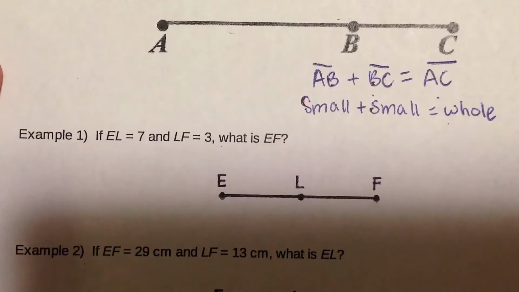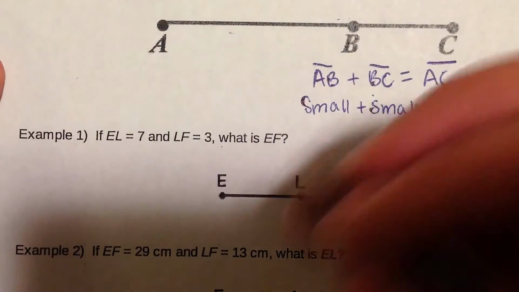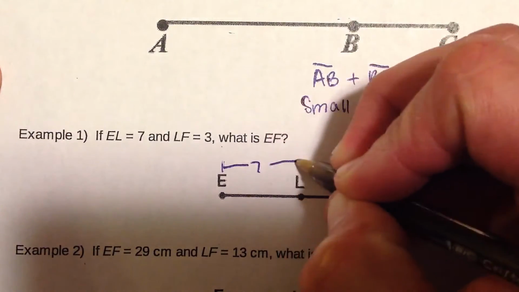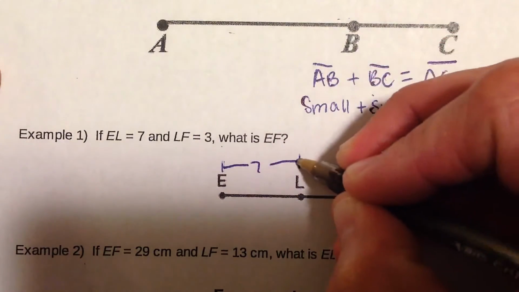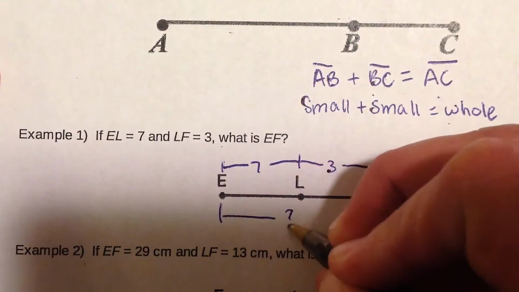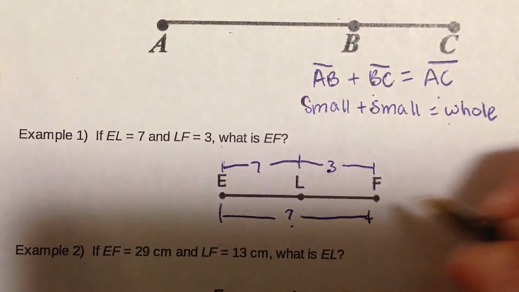So example 1, we're given that EL equals 7, LF equals 3, but they want to know what EF is. So let's label our picture here. EL is 7, LF is 3, and they want to know what EF is.